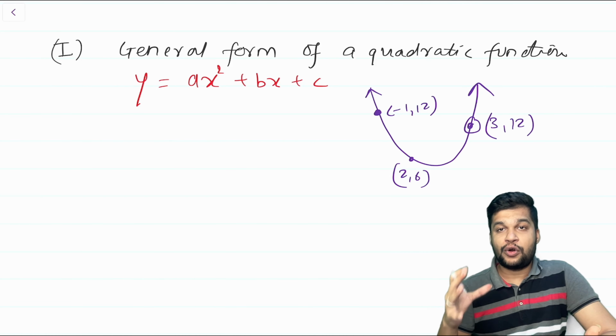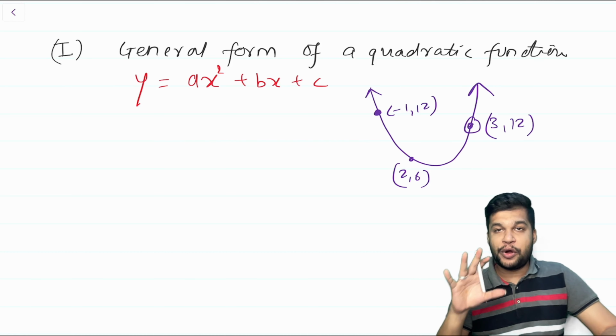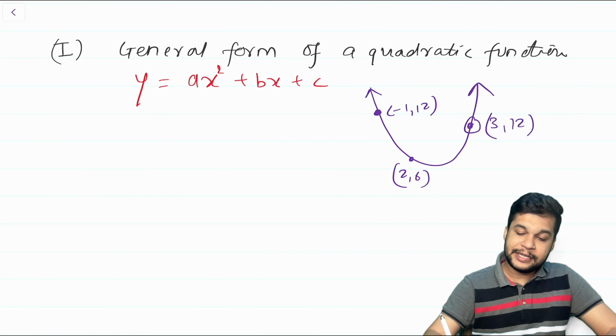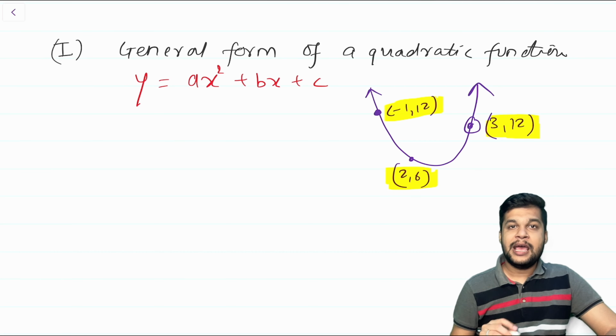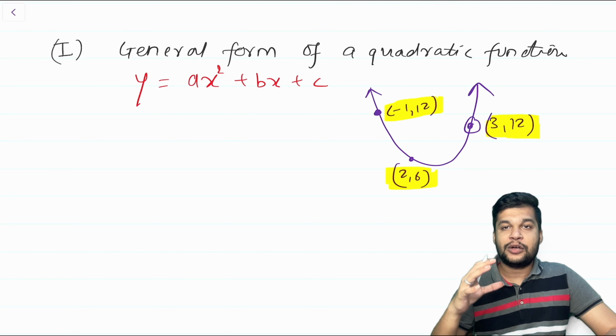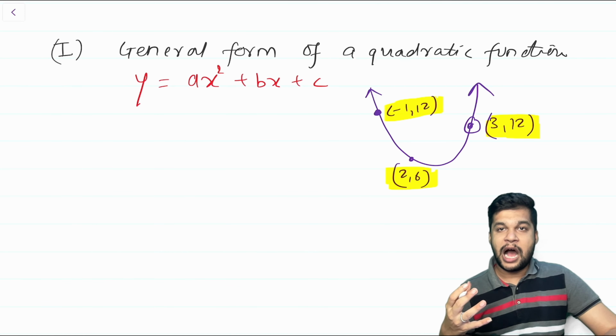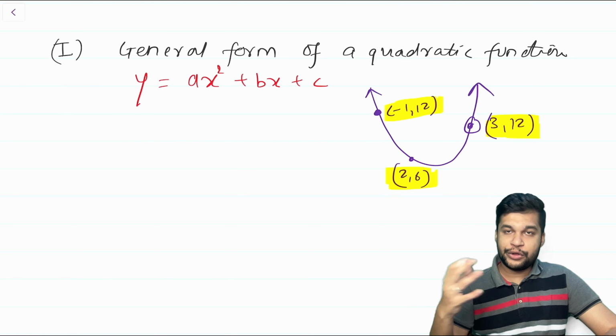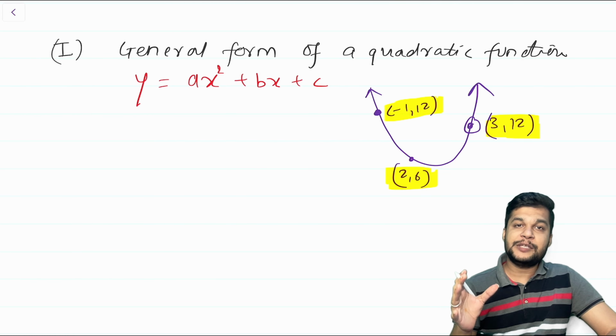The graph is not drawn to scale, but the important point is that it passes through these points. Now you have to find the quadratic function from this information. So how do you find it? You substitute these points in the general form and then you get the answer.